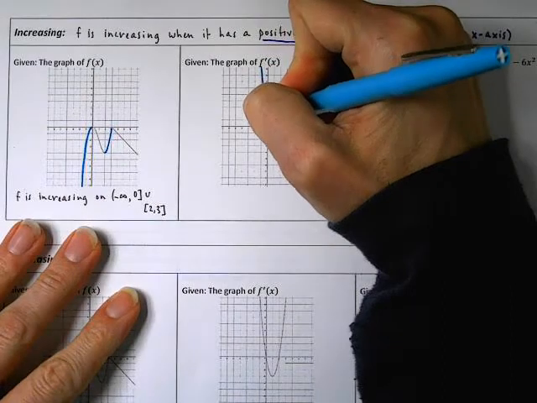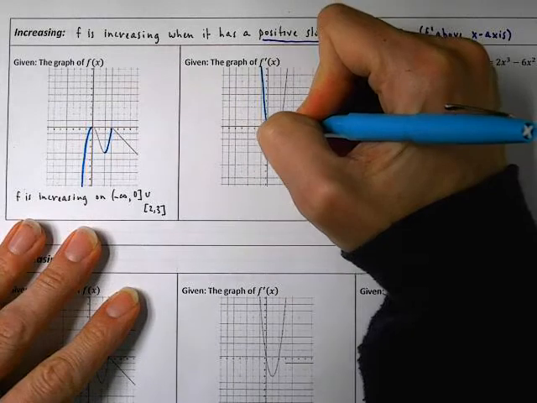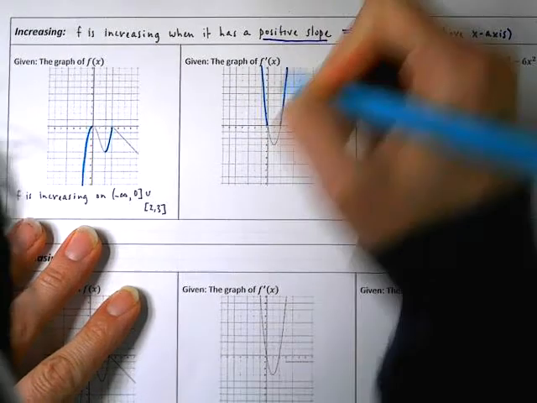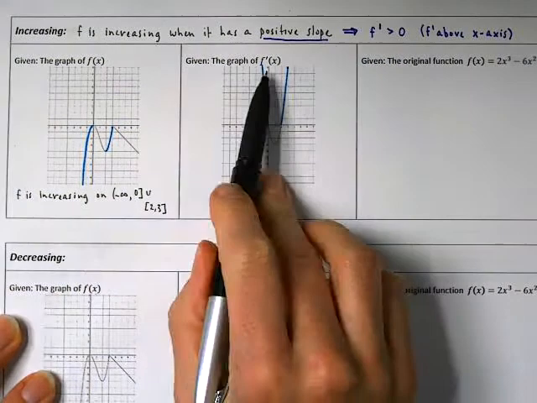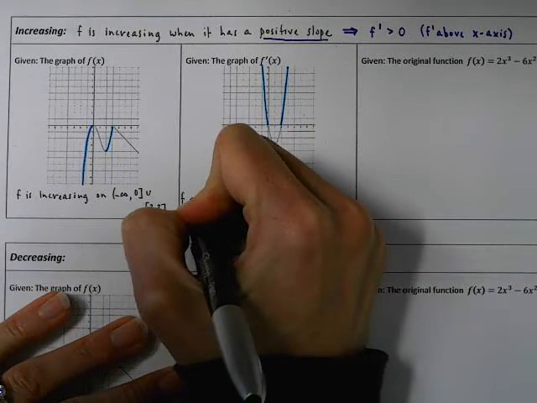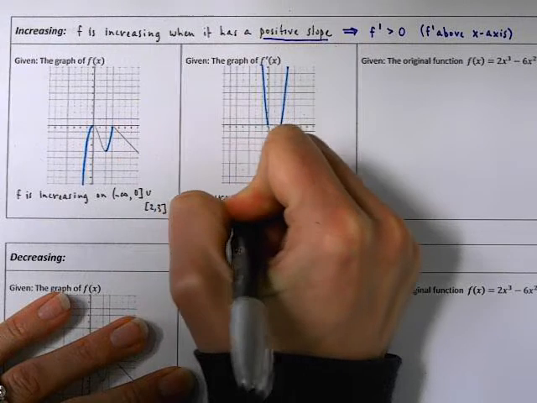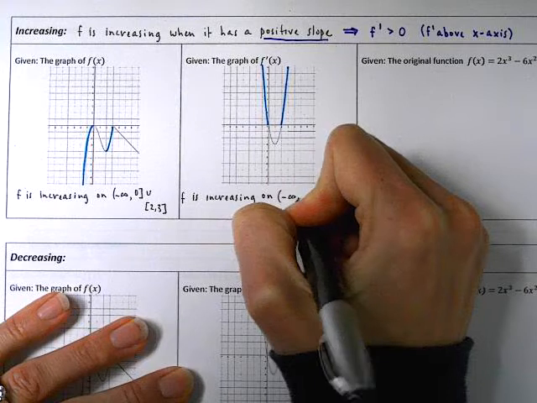It's above the x-axis here and here. So I would say, now again, I'm looking at f prime, but I'm still analyzing f. So I would say f is increasing on the intervals from negative infinity to 0.